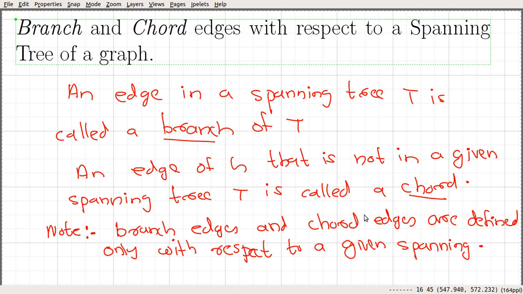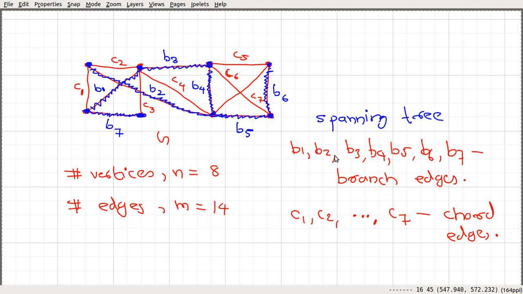A graph could have many spanning trees, and with respect to a particular spanning tree, we define the branch edges and chord edges. So I think that definition is clear: the definition of branch and chord edges with respect to a spanning tree of a graph.